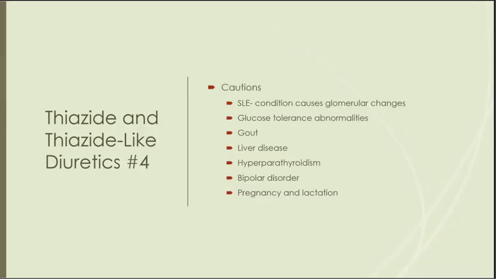Thiazides can also increase calcium levels, so use caution in patients with hyperparathyroidism. And they may increase lithium levels, requiring careful monitoring in patients with bipolar disease. They should also be cautiously used during pregnancy and breastfeeding.